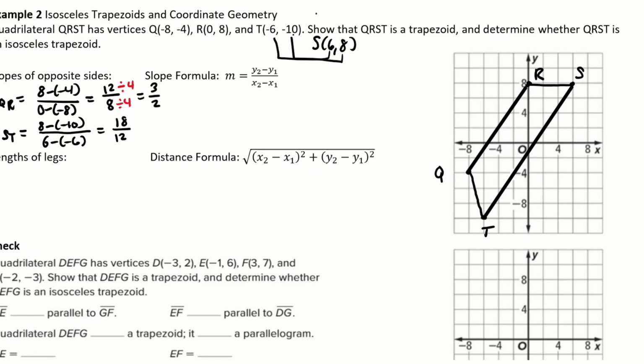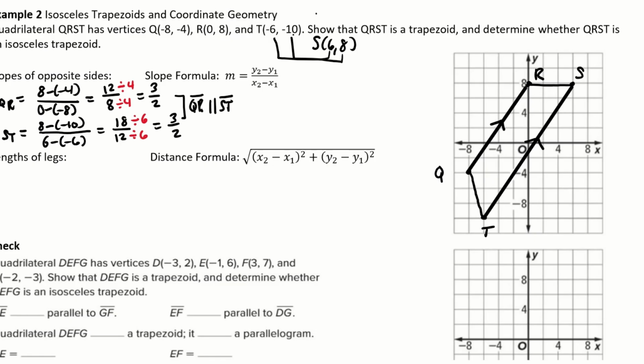Let's reduce that. Divide by 6, and lo and behold, we get 3 over 2. And so that indicates that they're parallel. So we say QR is parallel to ST. So we've shown that these are parallel, which means by default it has to be a trapezoid.